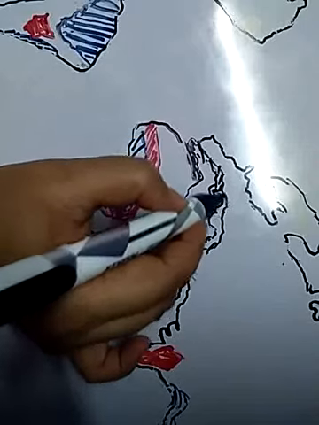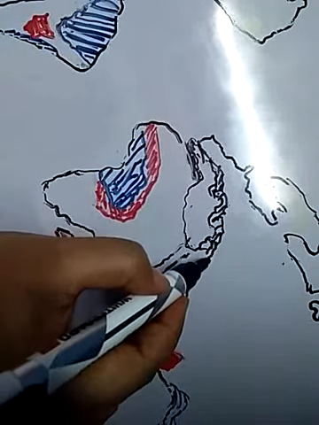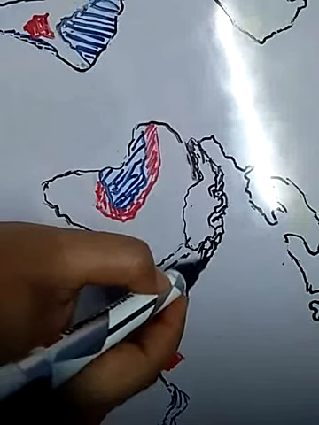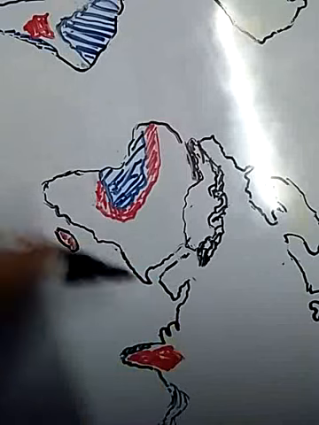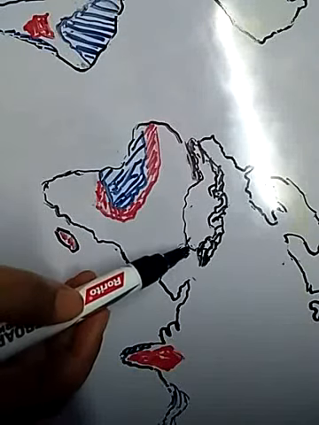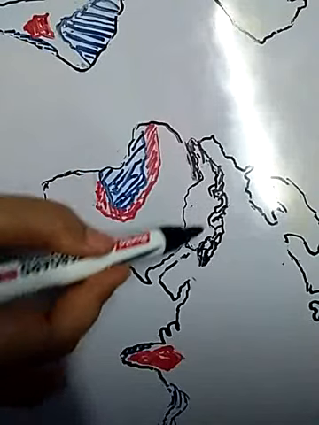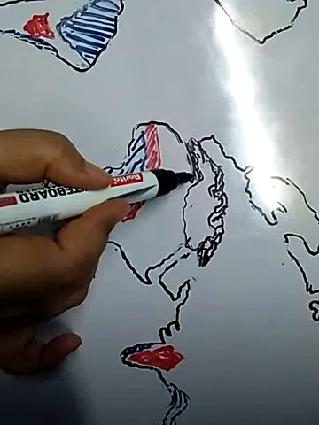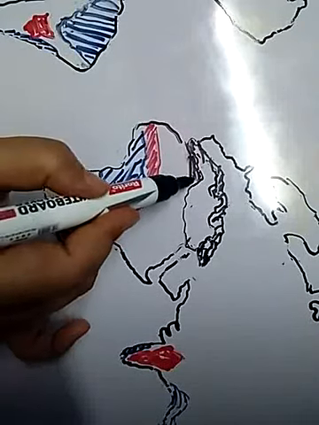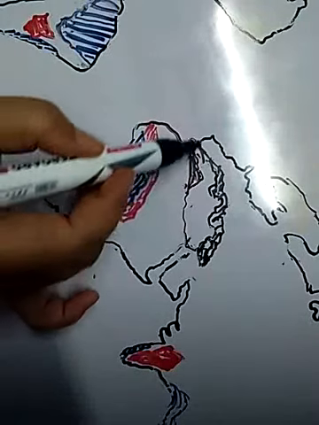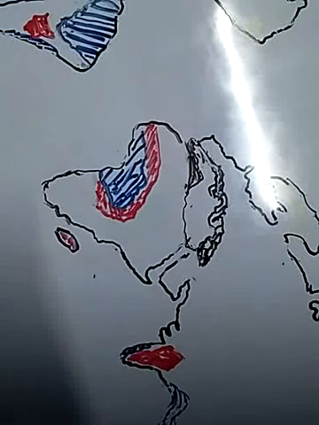This type of forest, the Mediterranean forest, is found around the Mediterranean Sea. See again here, the Mediterranean forests are found around the Mediterranean Sea, in the shores of North Africa, in the shore of Europe and Asia.